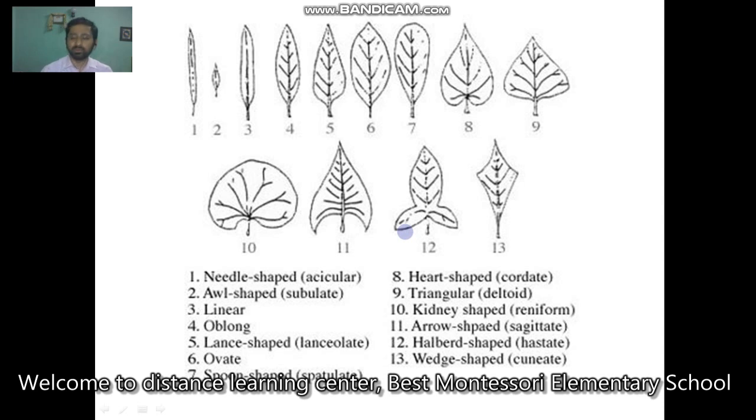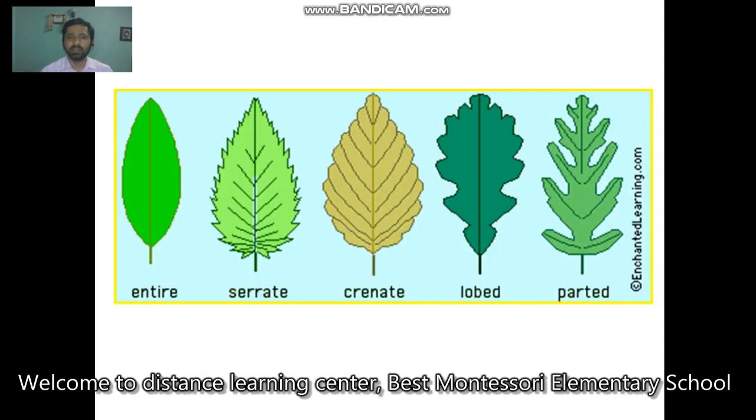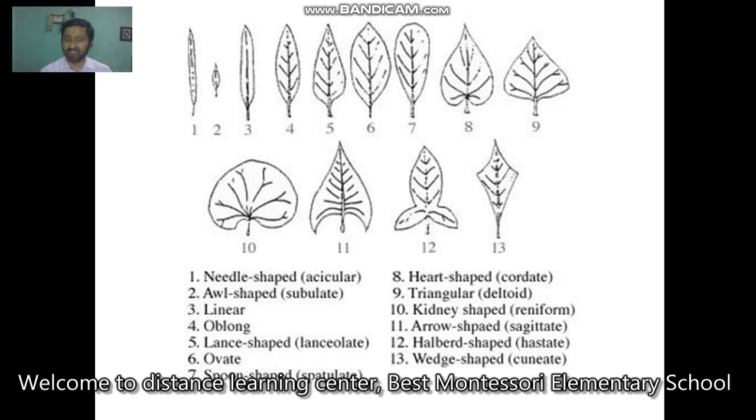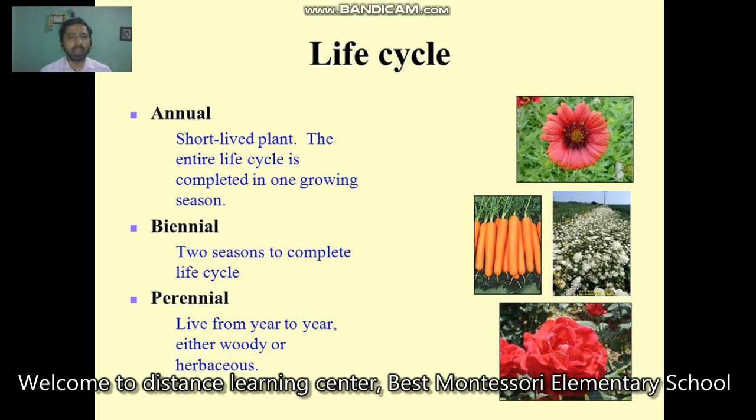Before that we have to know the basic steps of identification of a plant according to their leaves: types of leaf, margins of leaf, and different shapes of leaves. And if it is herbaceous or woody, if it's herbaceous, what is its type according to the life cycle, annual or biennial or perennial? If it's woody, mostly flowers are not woody. If it's woody, then obviously the plant lives for many years.